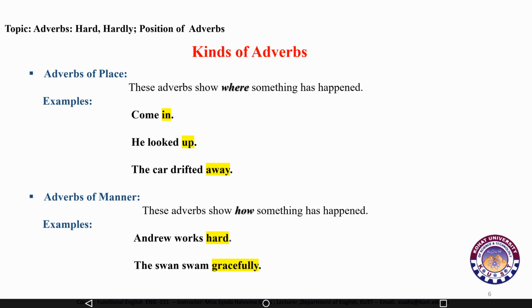So they tell us in what manner something happens. So Ali reads clearly, the boys fought bravely, like the soldiers fought bravely.